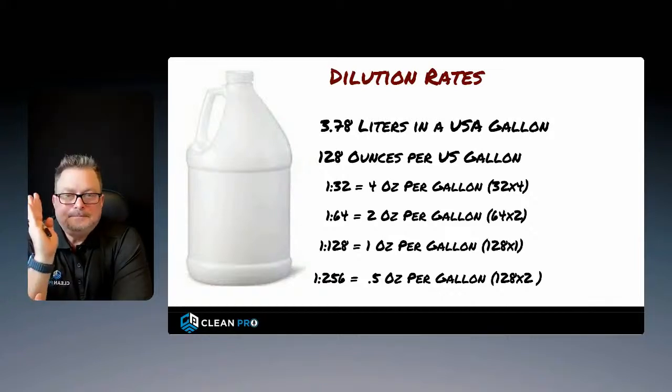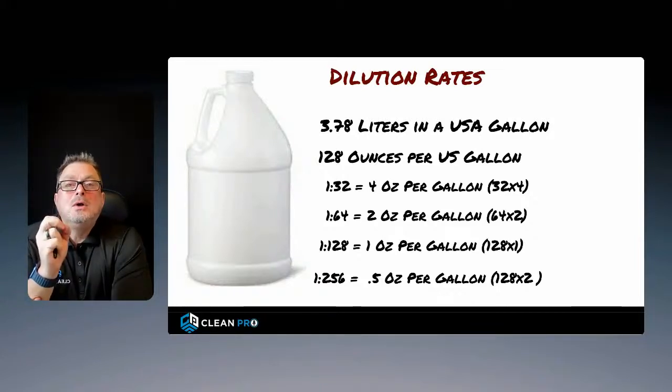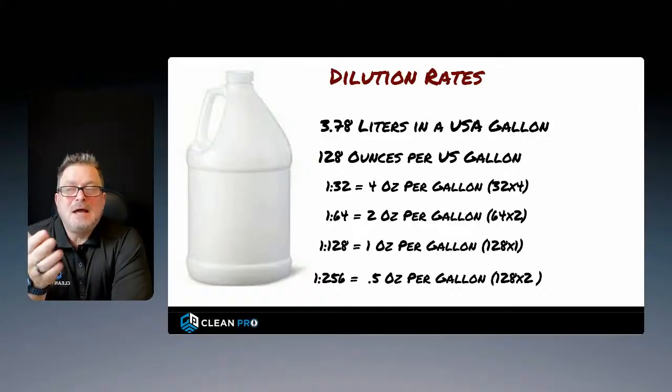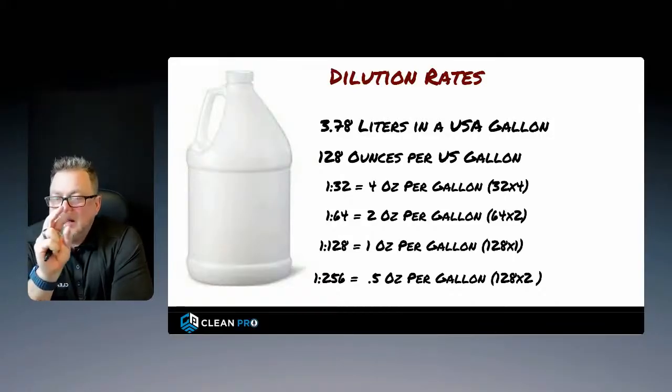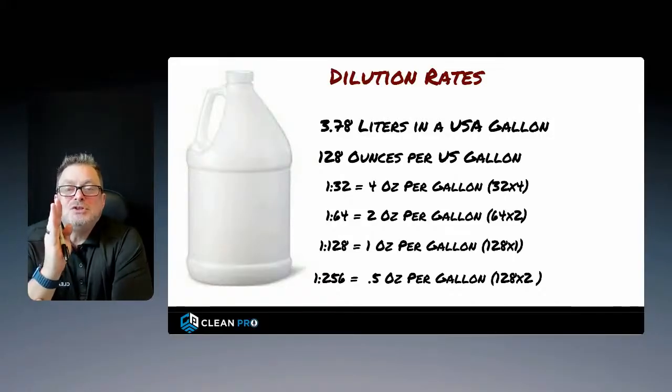So when we're talking about dilution rates, we're always talking about a 3.78 liter. A USA gallon is 3.78. Now, some companies have 4-liter jugs, so there's a little bit of variables there. But for the most part, just think of the 3.78 or the 4-liter as a gallon. It's just the simplest way to do things.